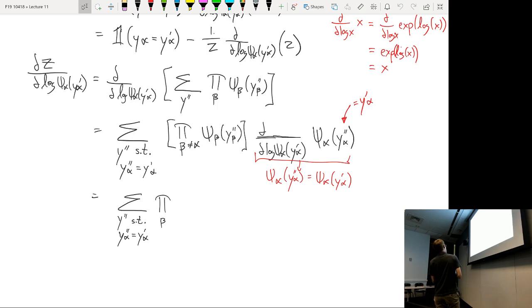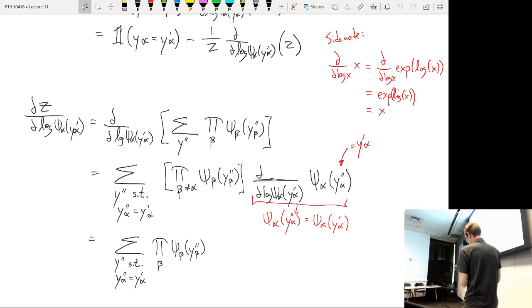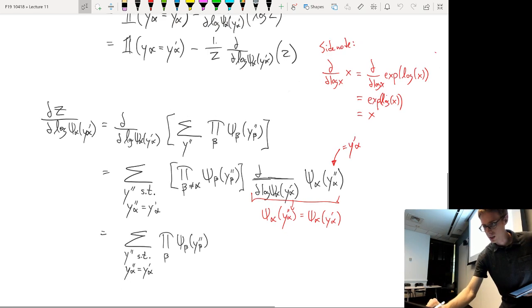So what we have here is that the derivative we were originally after is just one step away from what we just wrote up here. Specifically, let's zoom out a little bit.